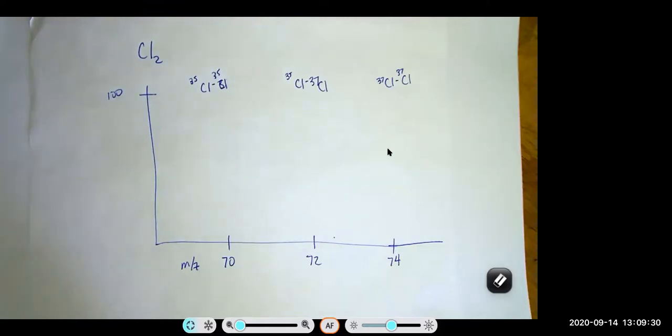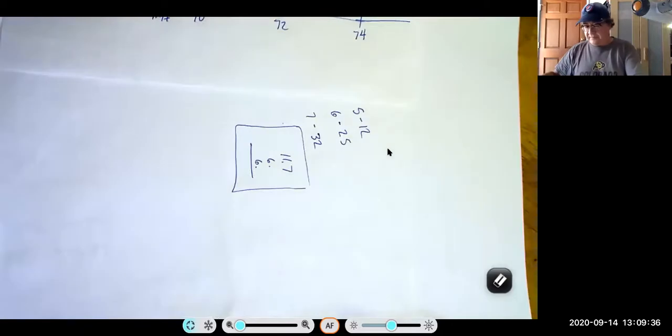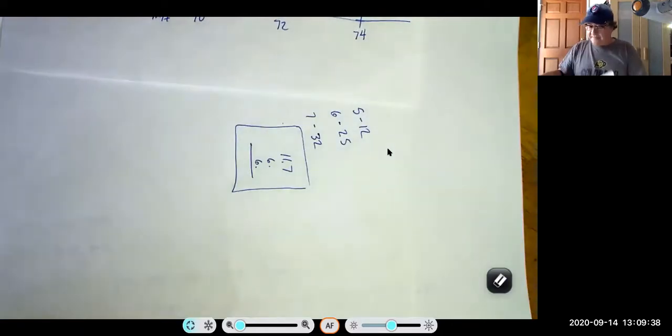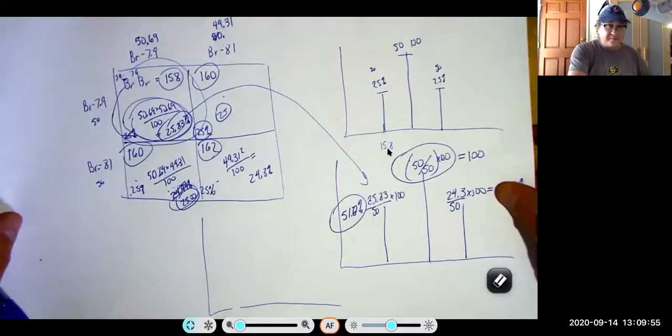So why do we do it on the bromine? Oh, we didn't. Let me show you what I mean. I'm trying to get the right chart to show you. This is rather messy here.